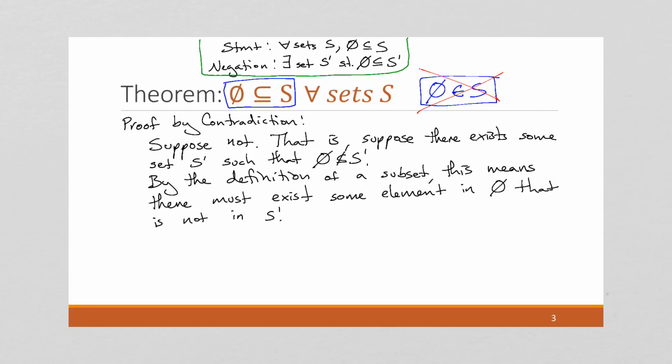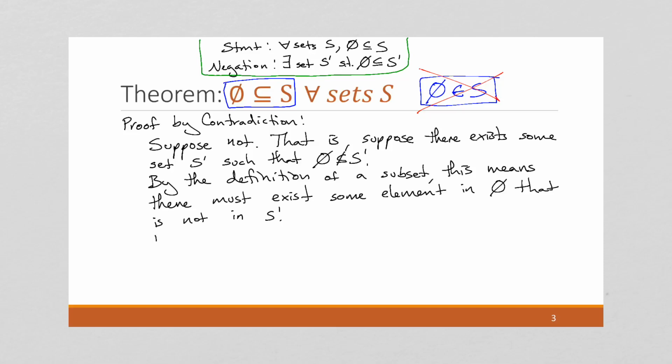Because if you remember, we said if A is not a subset of B, we define that by saying there has to be some element x in A that's not in B. So if we're saying that the empty set is not a subset of S prime, then that means there has to be some element in the empty set that is not in S prime.